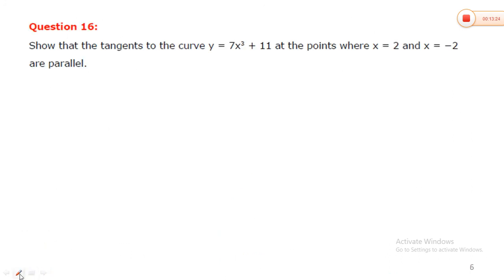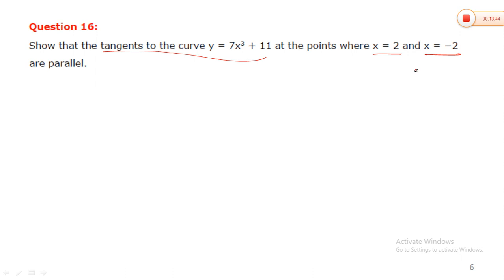So next question. Show that the tangents to the curve y equal to 7x cube plus 11 at the points x equal to 2 and x equal to minus 2 are parallel.